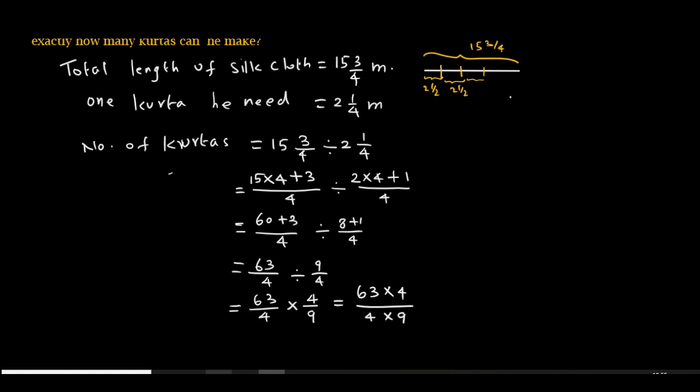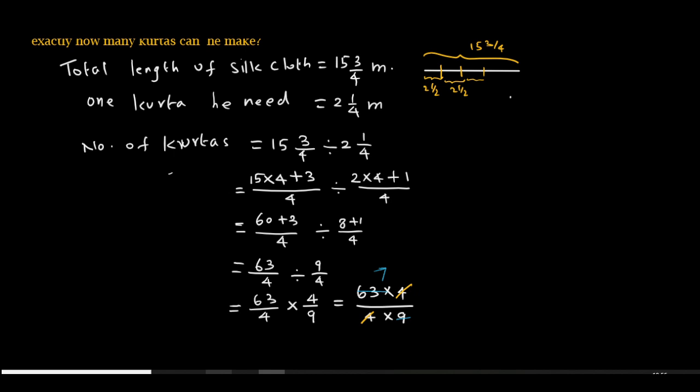Now you can cancel it. 4 and 4 cancel one time. Now next, 9 and 63. How many times does the 9 table give 63? 7 times. So what is our answer?